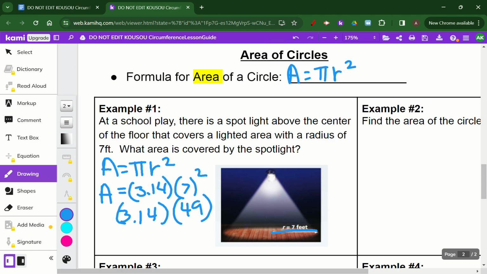Multiply that by 3.14. And we get 153.86 feet squared.